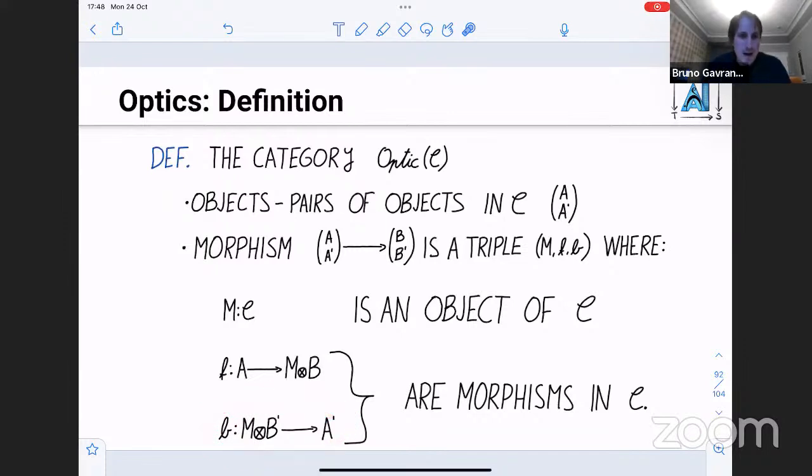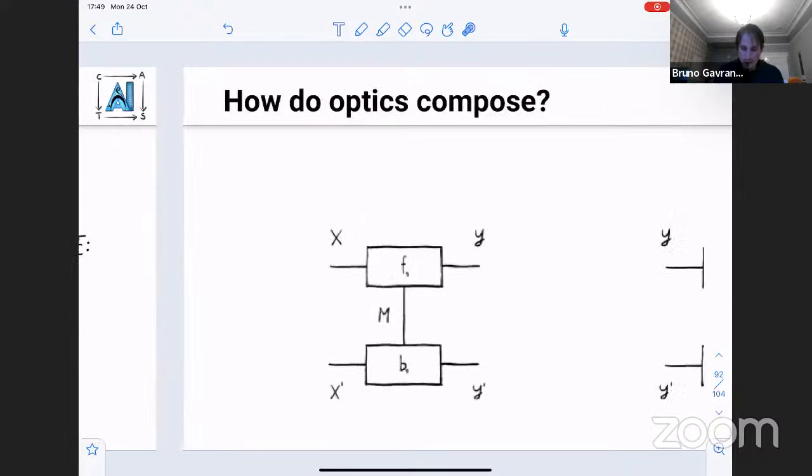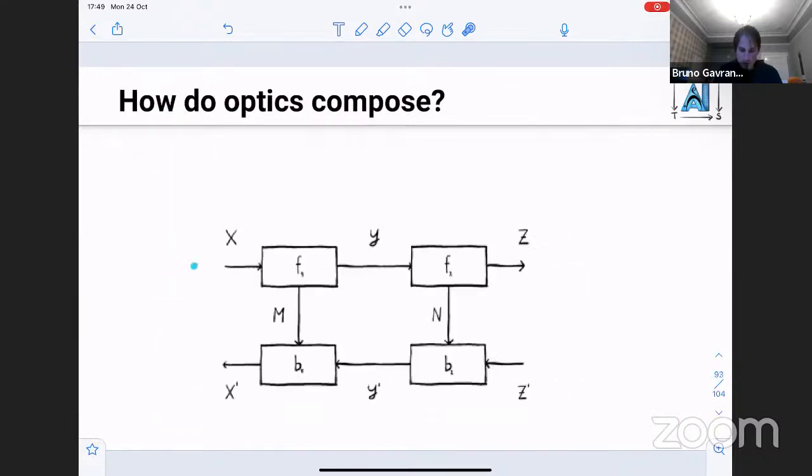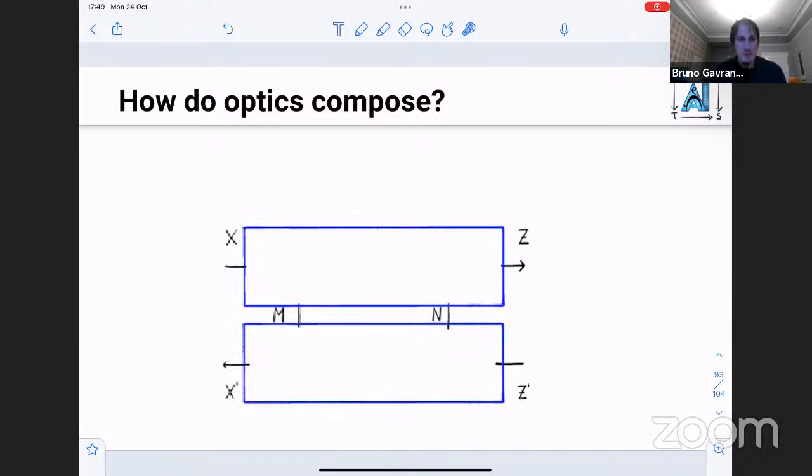And this added level of generality then allows us to A, model more efficient representation of lenses, and B, allow us to model things that aren't necessarily Cartesian. Optics compose in a pretty straightforward way. The idea is this: you have some process, you save two states, and you consume them all, collect them all on the way back.